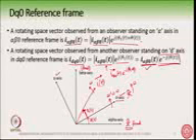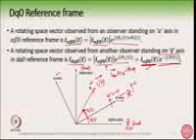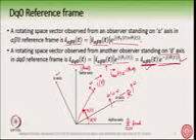And then if I want to observe the same reference vector from the dq0 axis, I will multiply with e to the power minus j theta, where theta is the angle between alpha and the d axis.